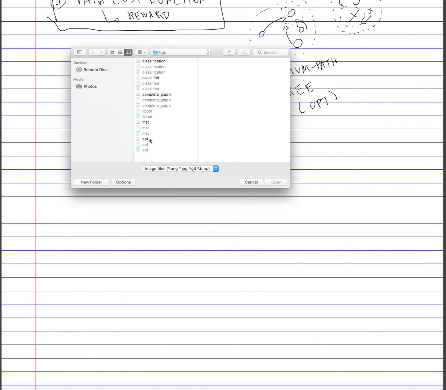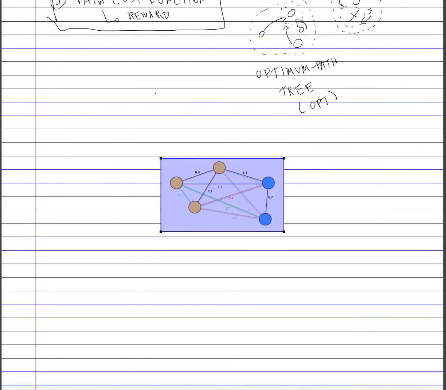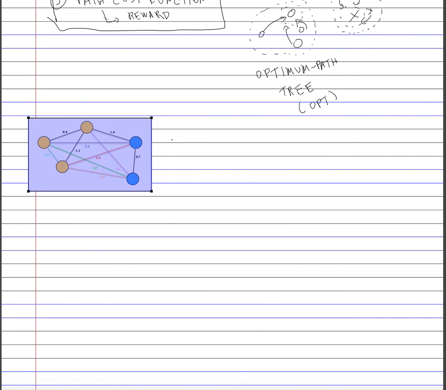So, let's get started with a toy example. Suppose we have this binary classification problem, okay?